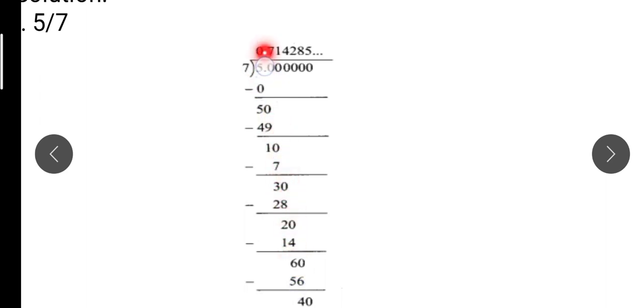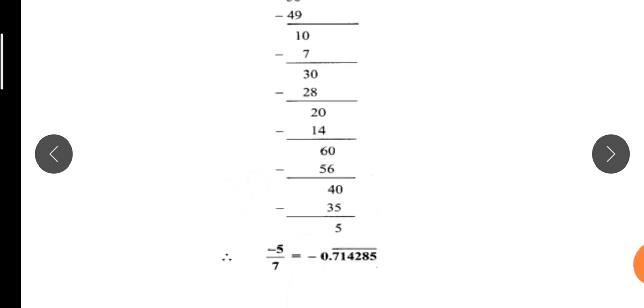5 cannot be divided by 7, so put 0 and a decimal point, then take 50. Similarly, after calculation you again get the 5.